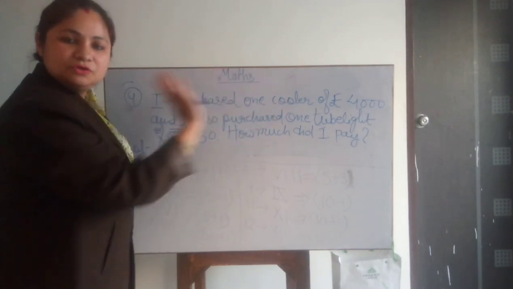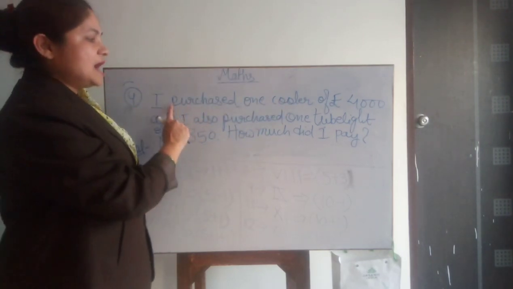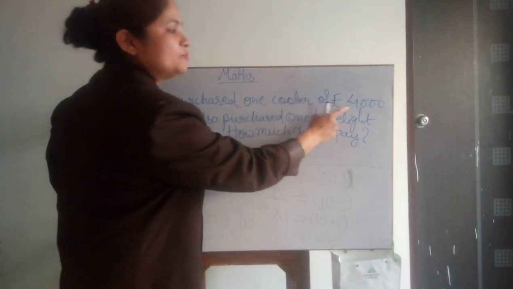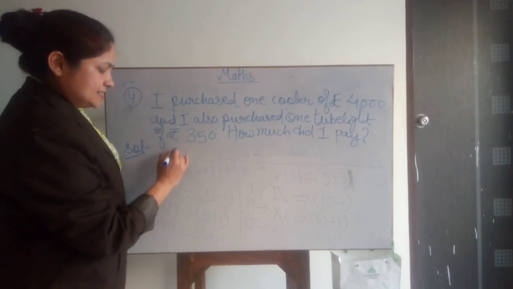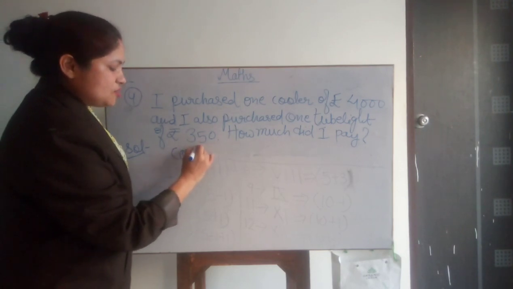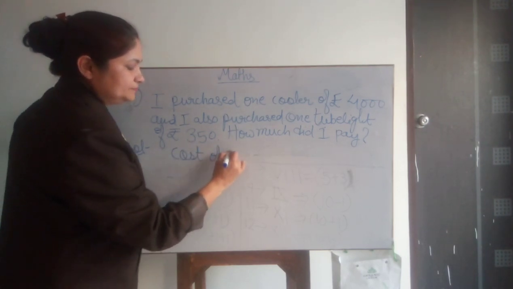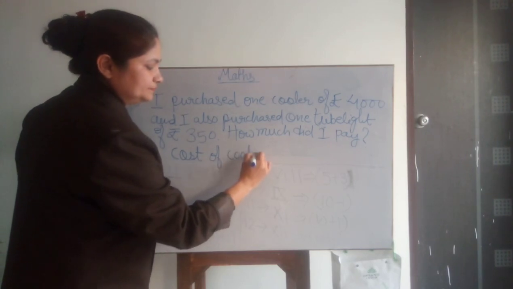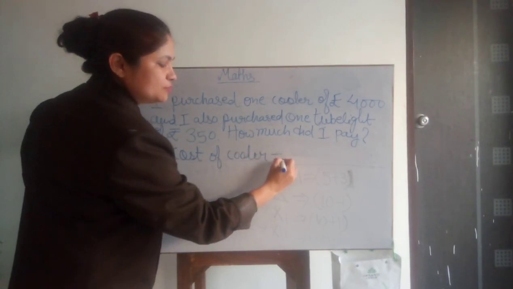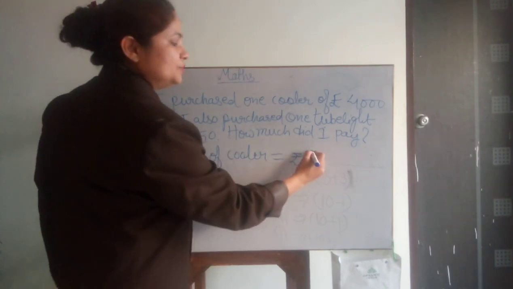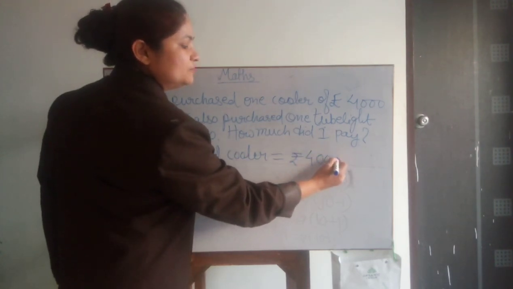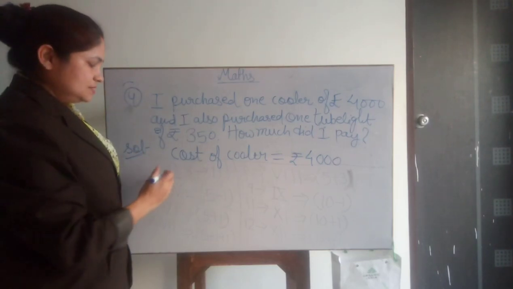Just read the question very well. I purchased one cooler of rupees 4,000. So we will write here: cost of cooler is equal to rupees 4,000.